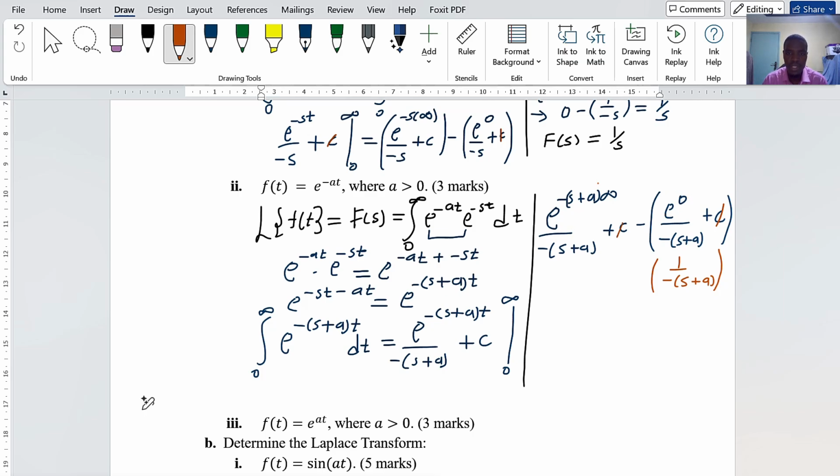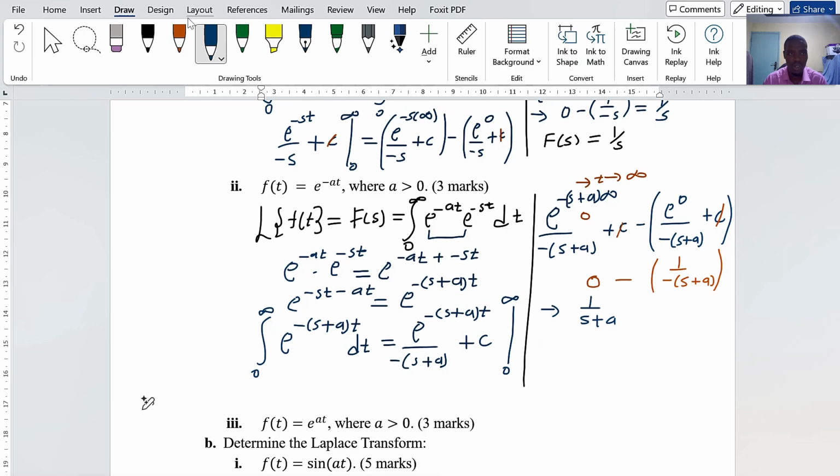Now on the other part, remember what we said, as t tends to infinity, this power becomes very large negative, and e raised to a very large negative power is simply 0. So it means the first term here vanishes, so that we have 0 minus here. Now when we do that job, we have negative, negative, positive, so 1 over s plus a.